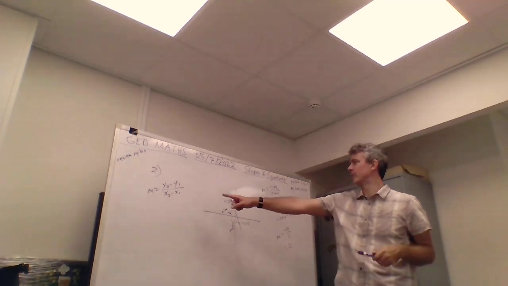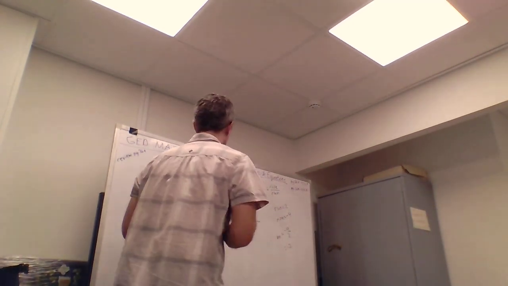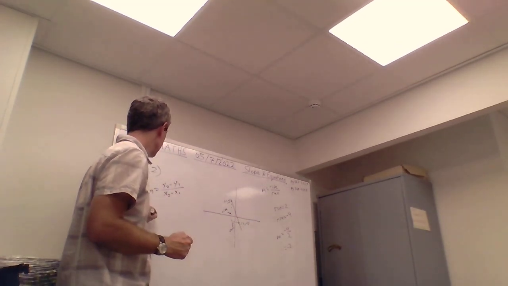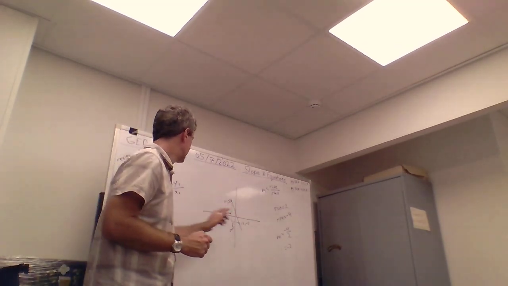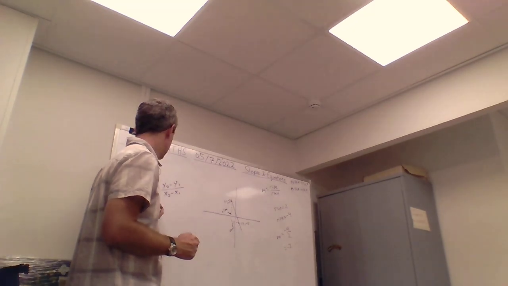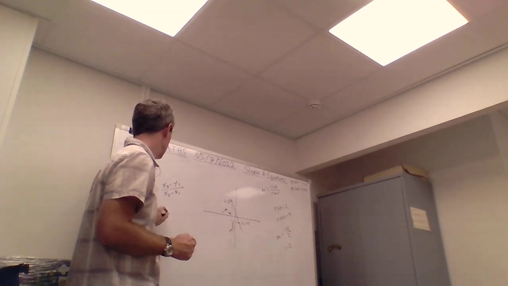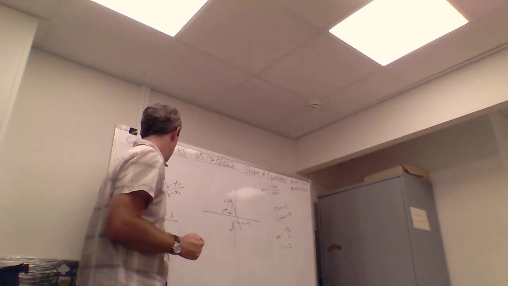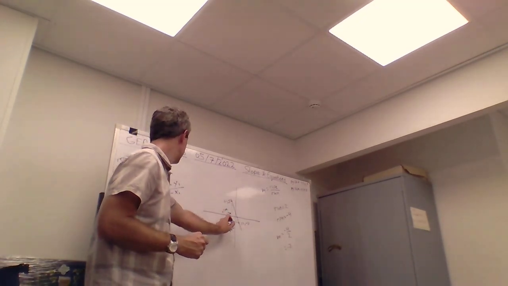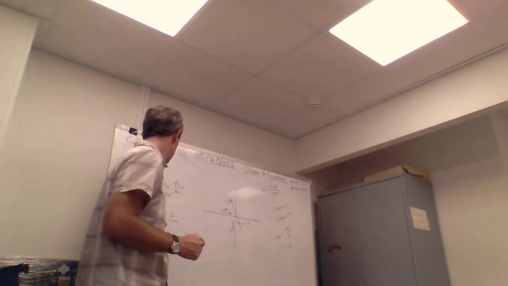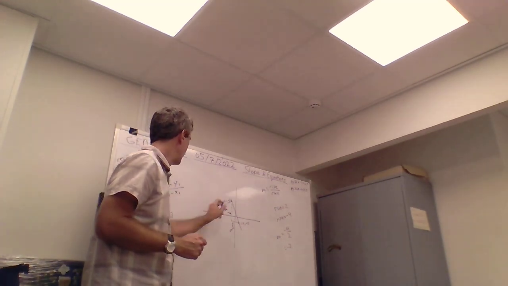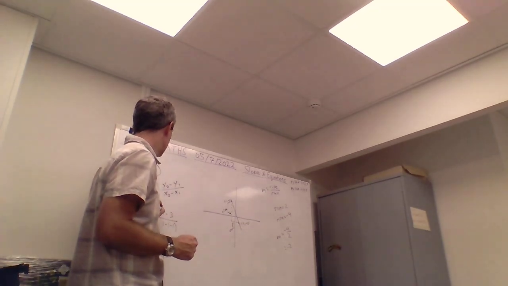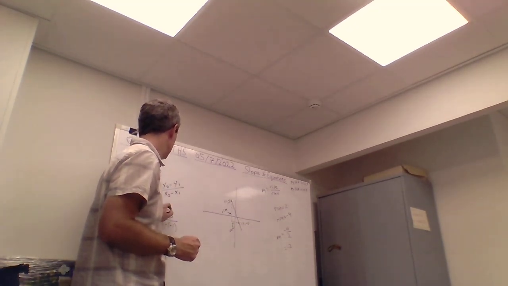Alright, or we could use this formula. In this formula, we have our 2 points. So m equals y2 minus y1, so that's minus 1 minus 3 here.